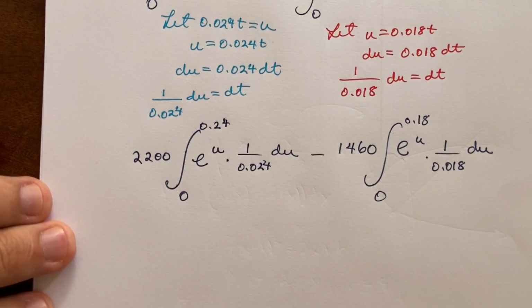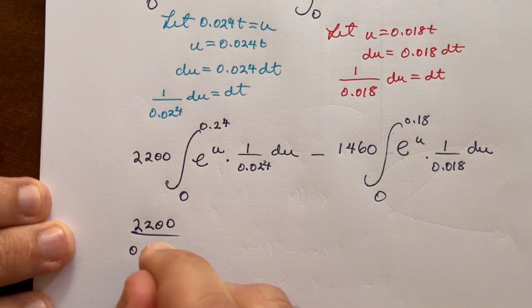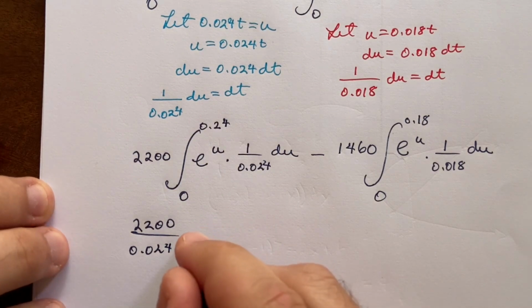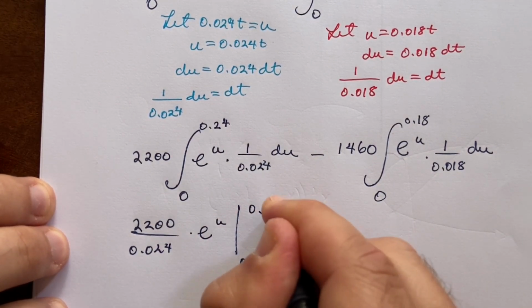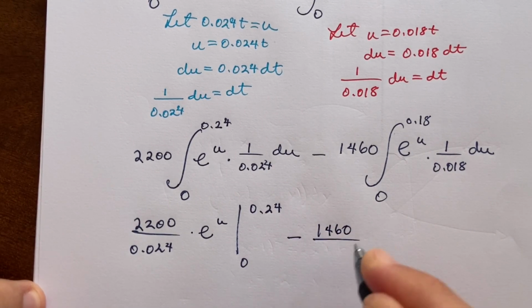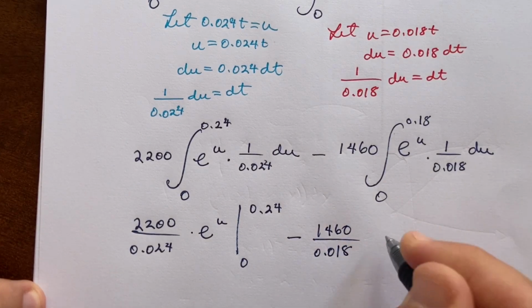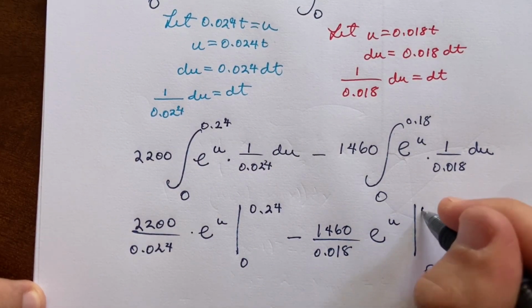So 2200 over 0.024 times e to the u from 0 to 0.24, minus 1460 over 0.018 times e to the u from 0 to 0.18.